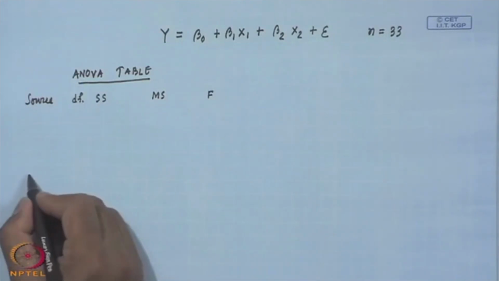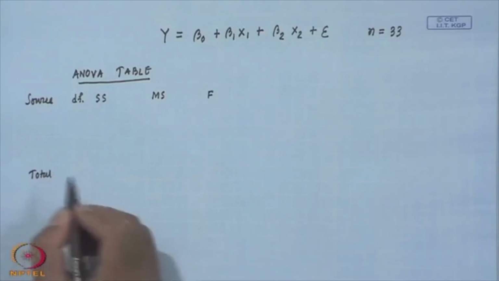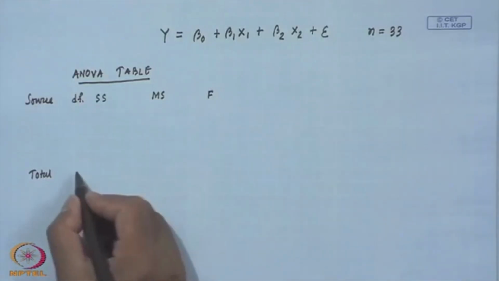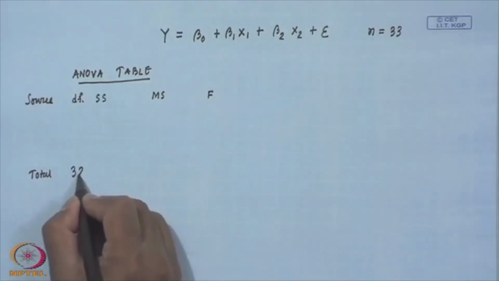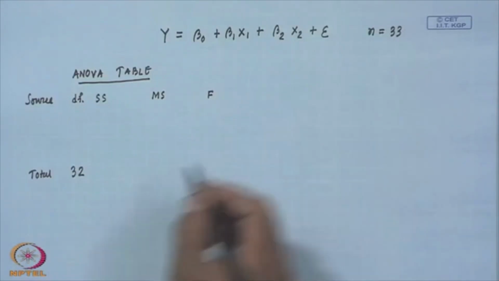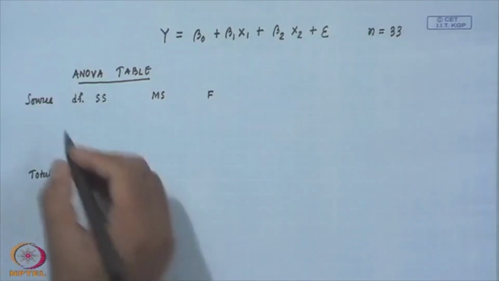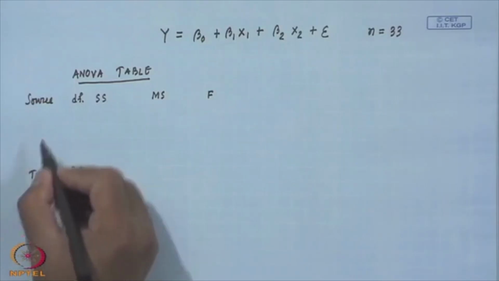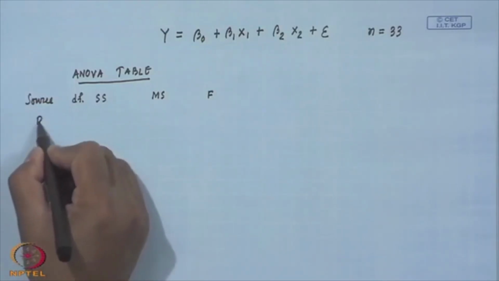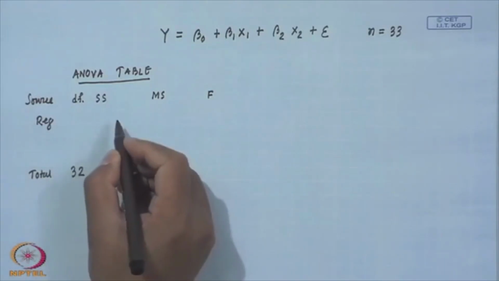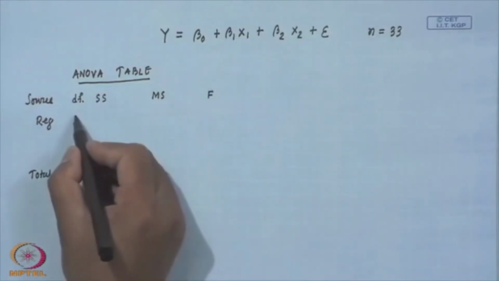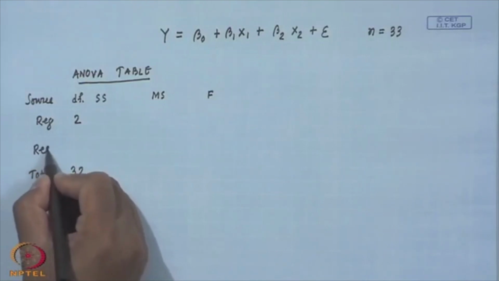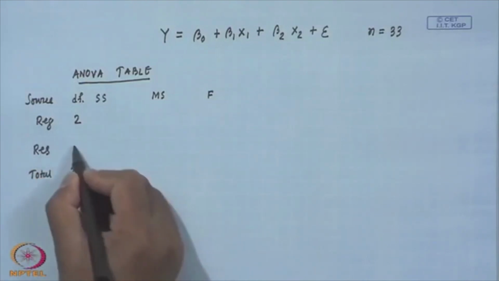So, the total degree of freedom is 32, because there are 33 observations, and then the regression degree of freedom is 2, because there are 3 parameters, and the residual degree of freedom is 30.